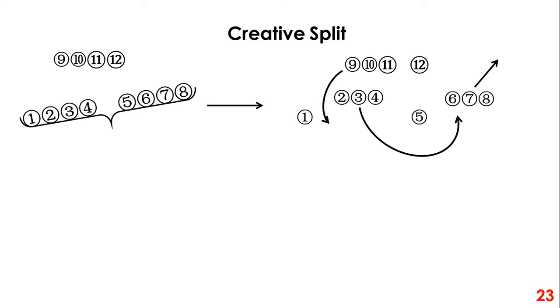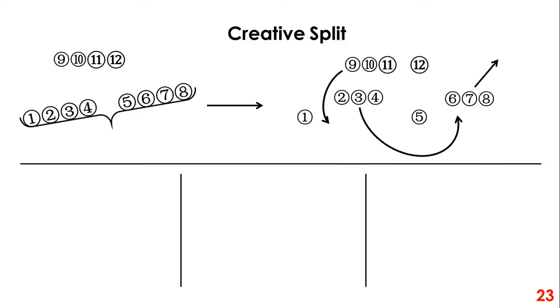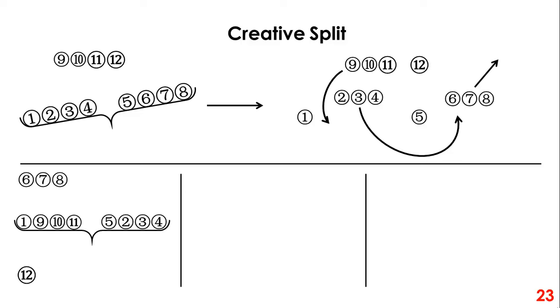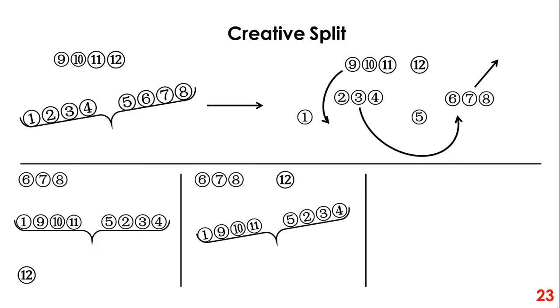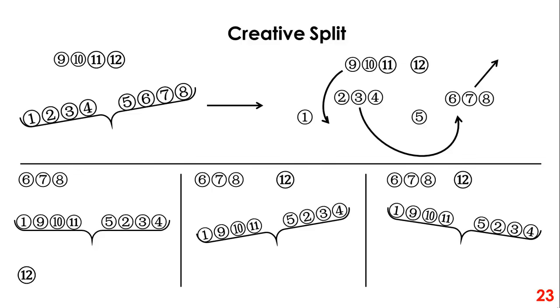Then we spend our second weighing, and we have 3 cases. The first case, even. Second case, uneven, left-hand side is heavier. Third case, uneven, right-hand side is heavier.